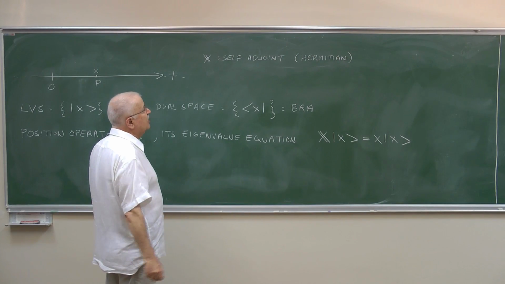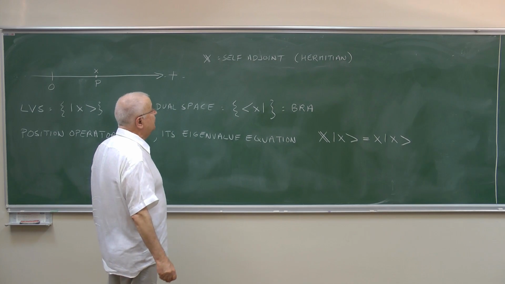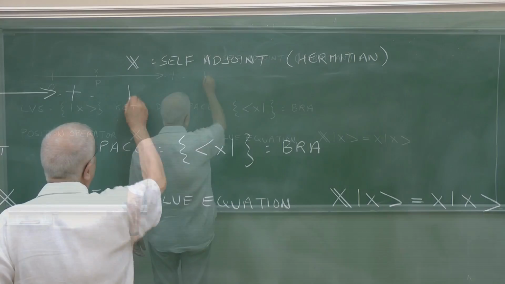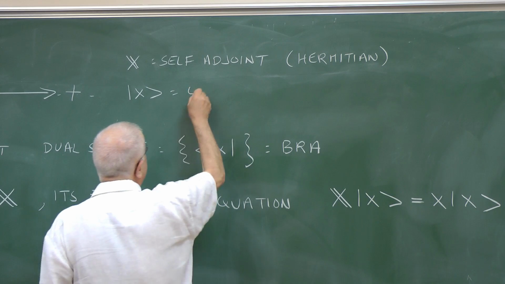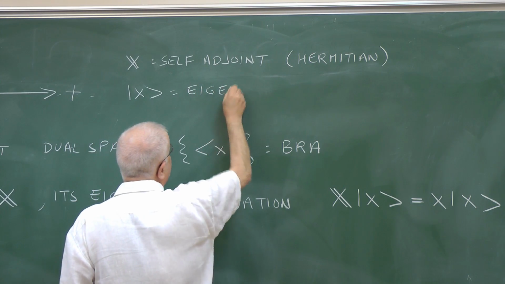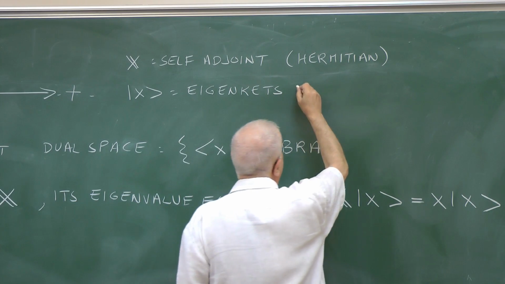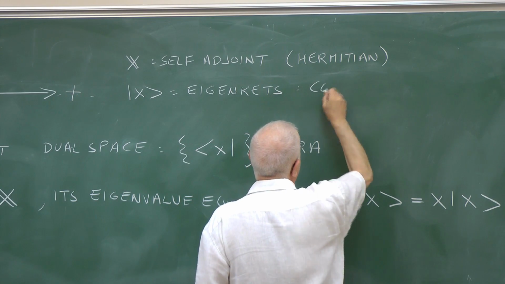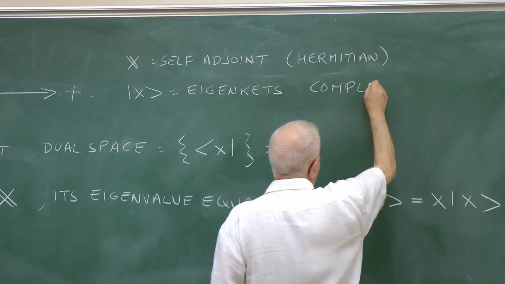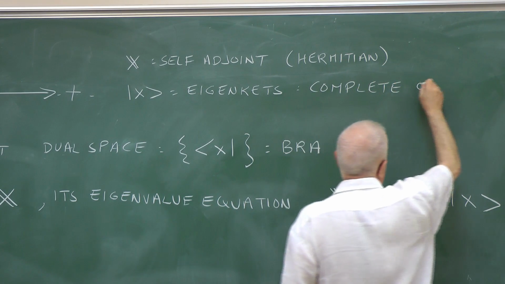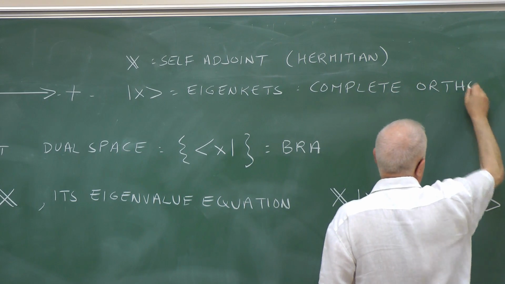This tells us that the eigenkets form a complete orthonormal set.